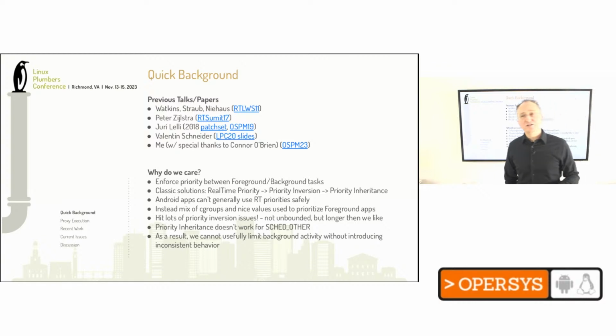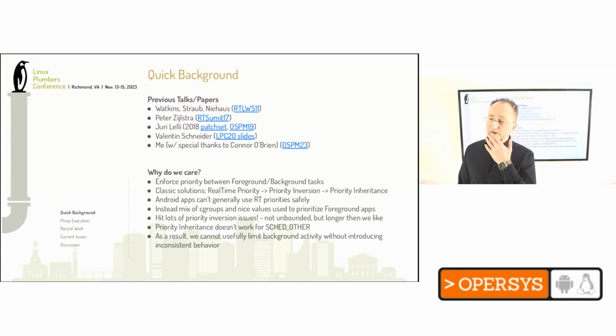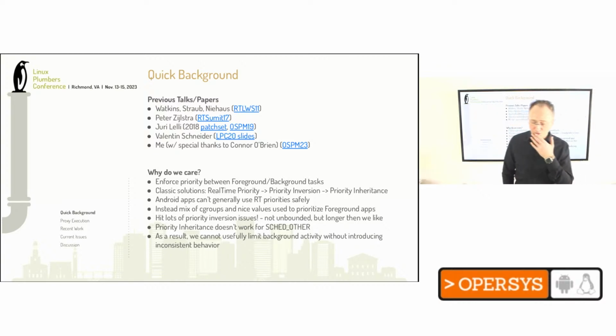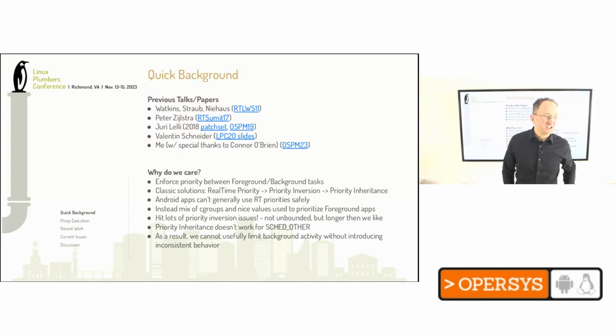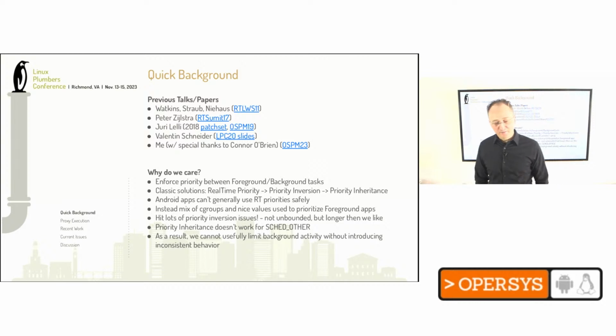This was from the presentation by John Stultz on proxy execution. John is definitely a smarter person than me, so I would encourage you to watch his presentation, because I'm not going to do it justice in any way, shape, or form. But the problem statement is well explained in this slide.